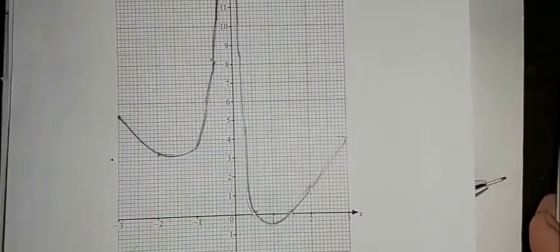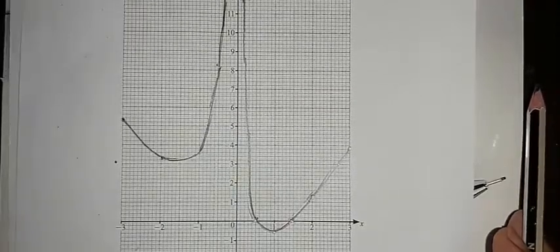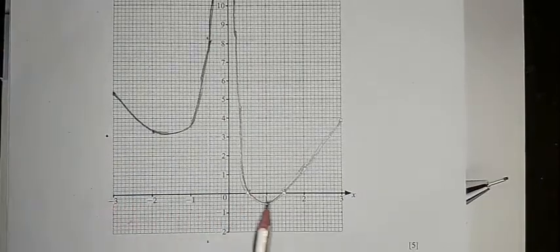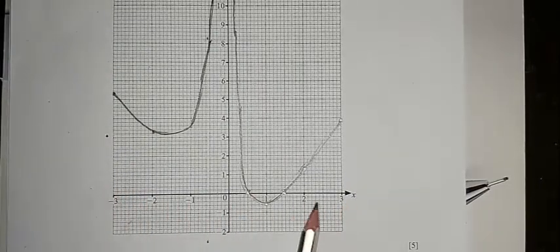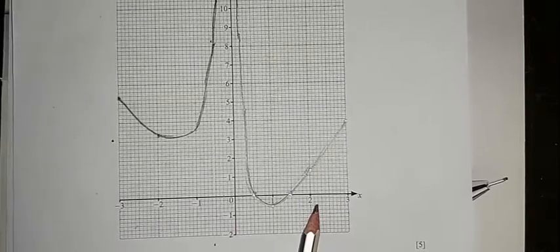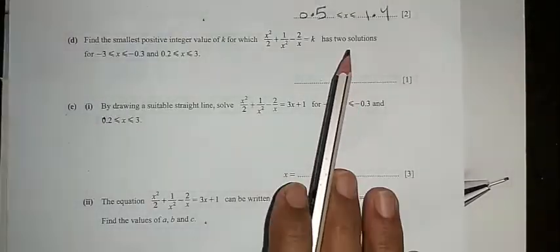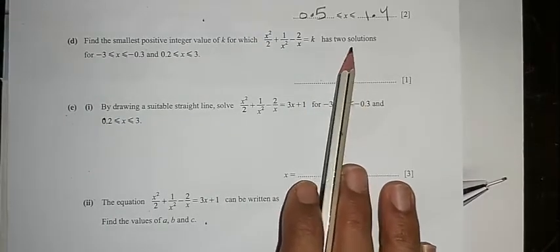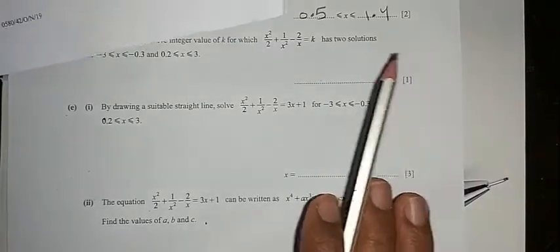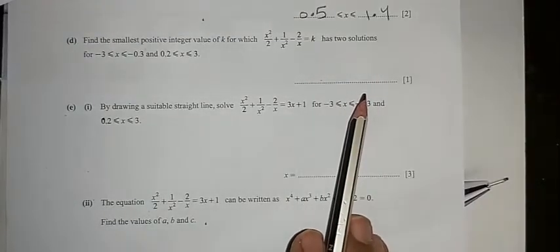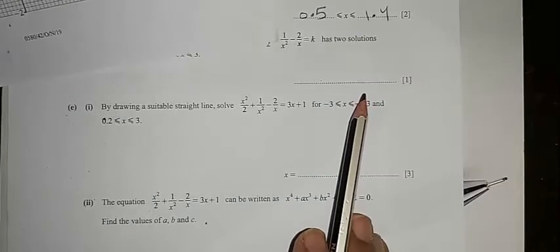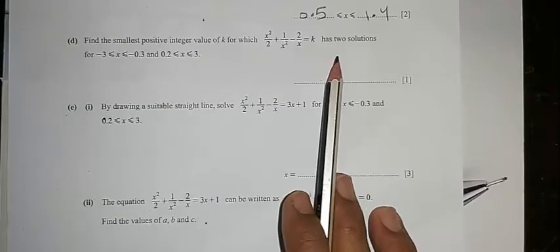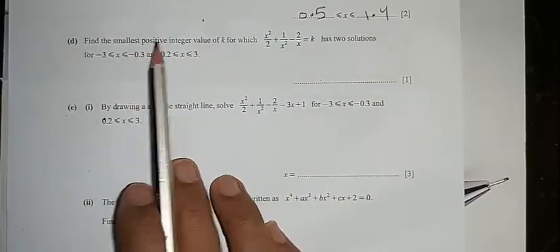So we need to draw a horizontal line parallel to the x-axis, and make it have two solutions. Two solutions means that this straight line cuts the graph at only 2 points. We need the smallest value.